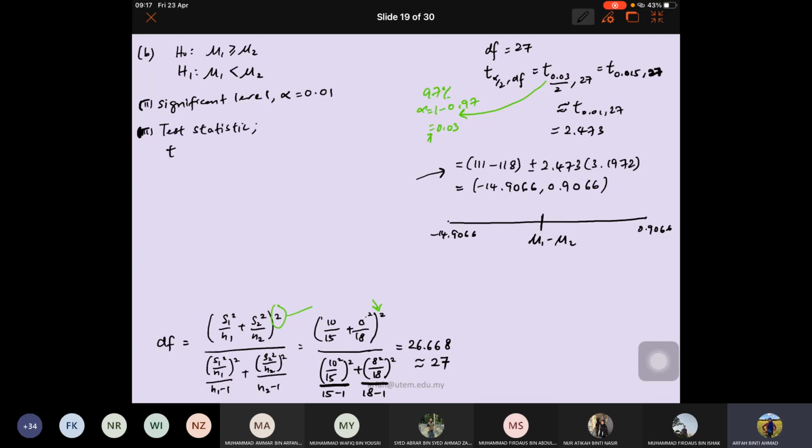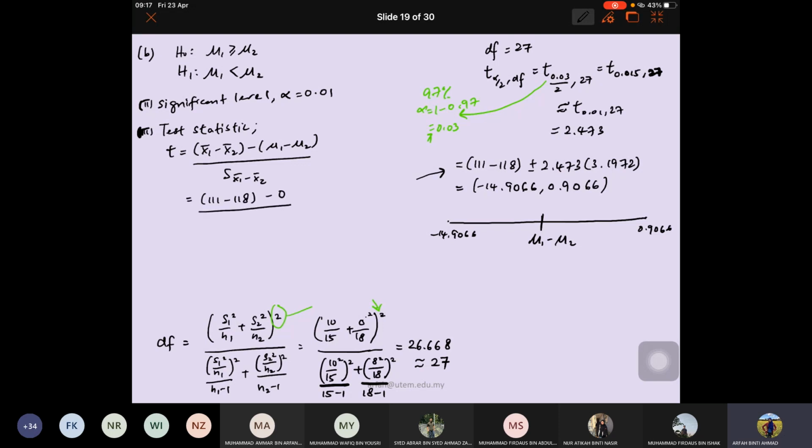And then the third one, calculate dia punya test statistic. Okay. T sama dengan X bar 1 minus X bar 2 minus mu1 minus mu2 divided by S of X bar 1 minus X bar 2. Okay. X bar 1 minus X bar 2, 111 tolak 118, minus 0, divide by.